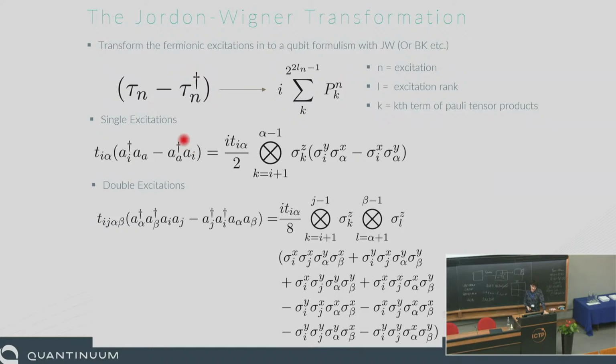But basically, you have the Z strings, then you have this quadratic pair, and for the doubles you have the Z strings, and then you have this quartic set of 8. So here you have the Jordan-Wigner transform for the fermionic excitations. You go from 2 sets of fermionic creation annihilation operators and end up with 8 for the doubles, and then 2 here. So the doubles scale much worse in this picture.